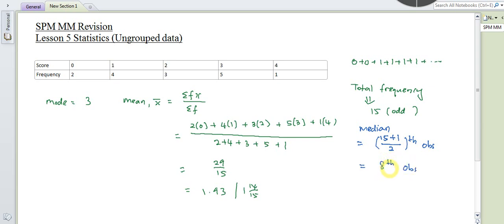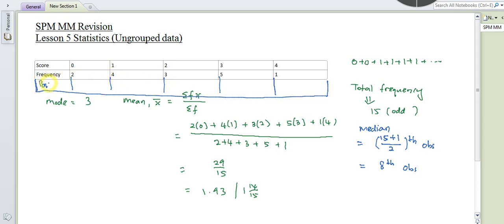But be careful here, the median is not 8. You have to determine where data number 8 is. So normally we add one more row here, and write the position or location of the data.